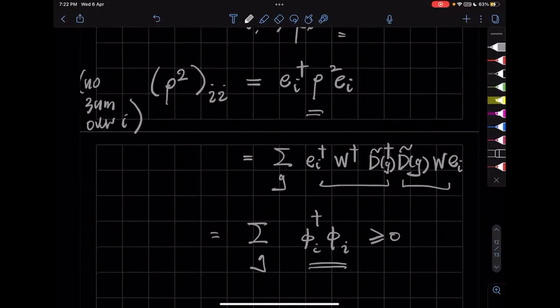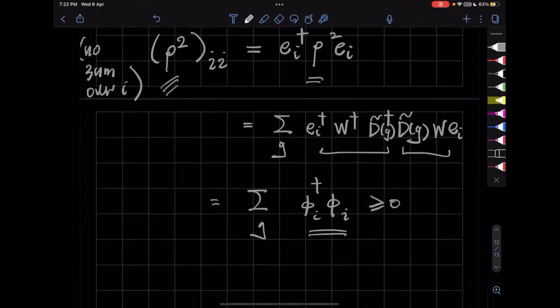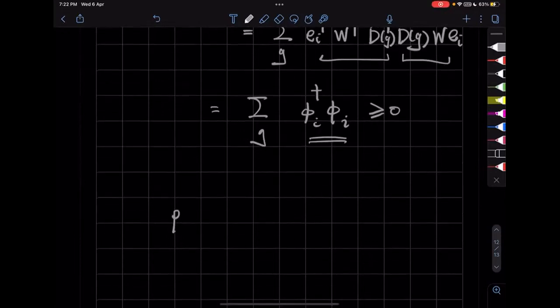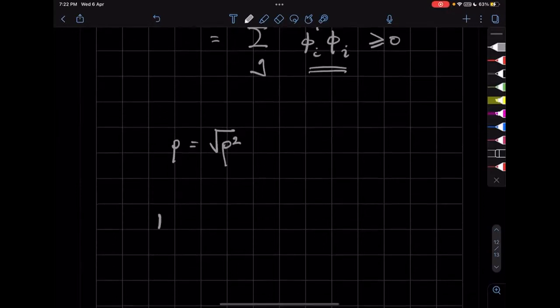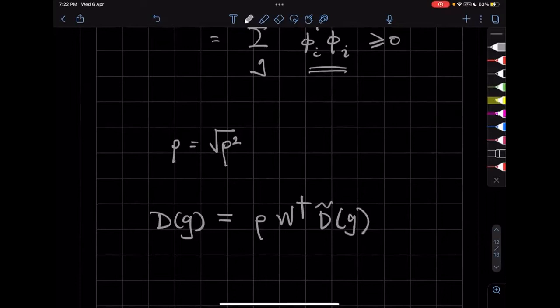Okay, so this shows that the eigenvalues of rho squared are positive definite. So then let's define another matrix, which is just the square root of rho. And then define D of G to be a matrix such that it's rho times the unitary matrix W dagger, the non-unitary representation D tilde, then W rho inverse.